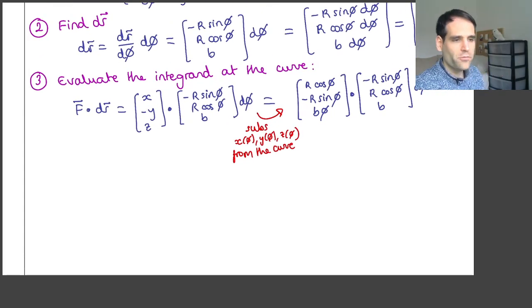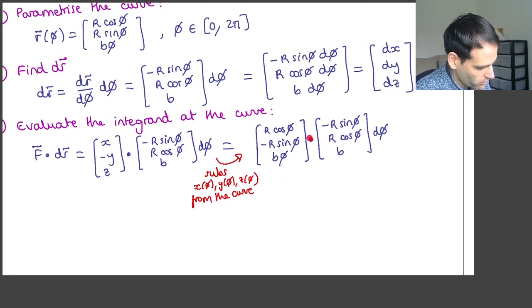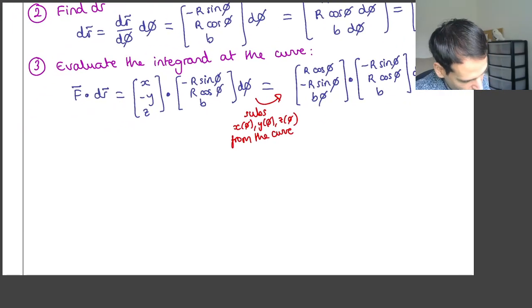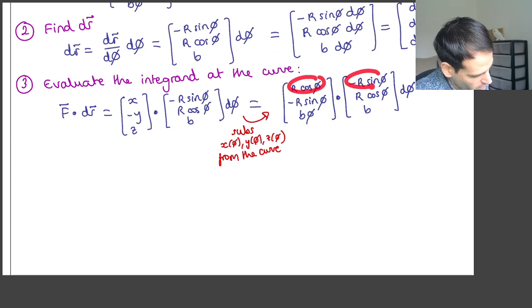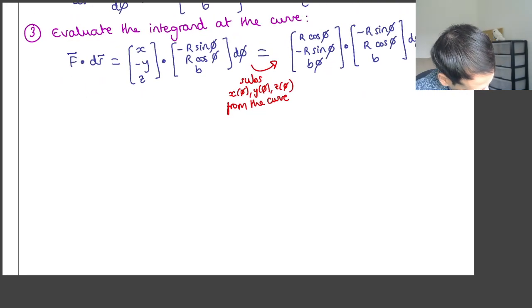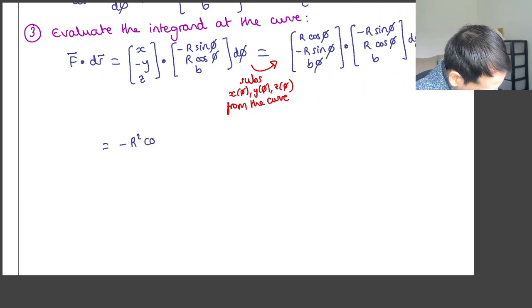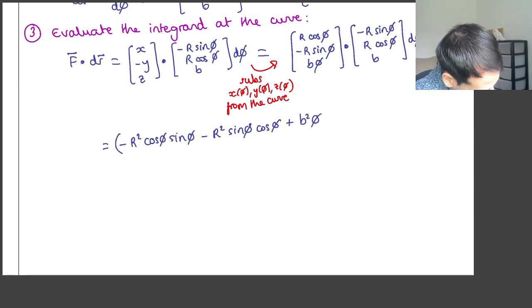And now we have to do the dot product, yeah? Remember, this is a dot product between two vectors and we need to evaluate it. So we will have to do this times this, plus this times this, plus this times this. So it will be minus r squared cosine phi sine phi, minus r squared sine phi cosine phi, plus b squared phi, and all of that multiplied by d phi.